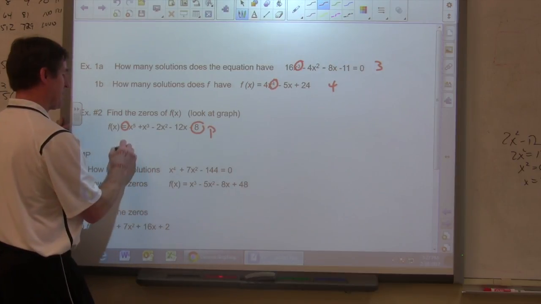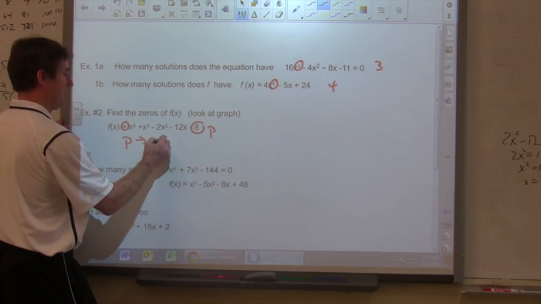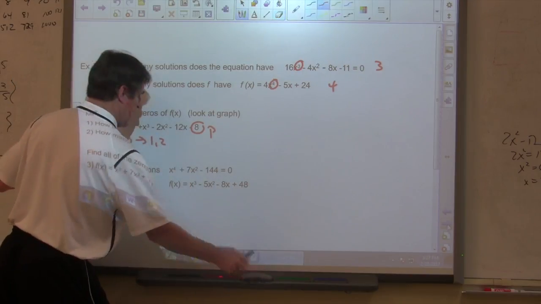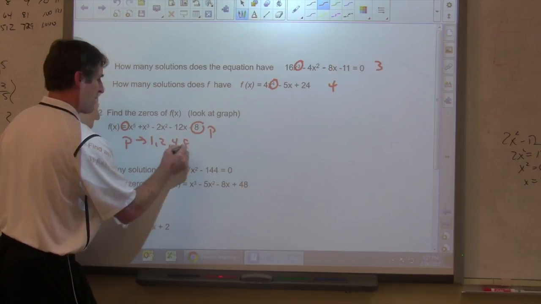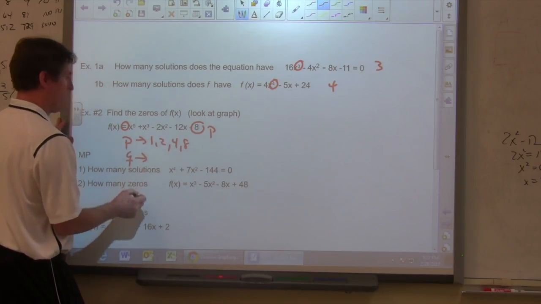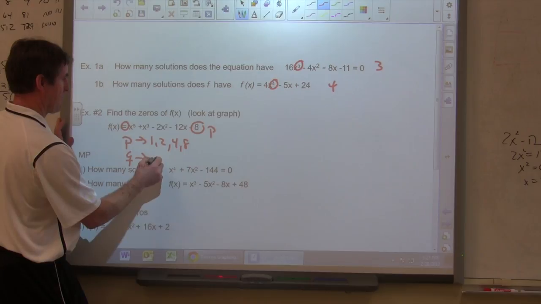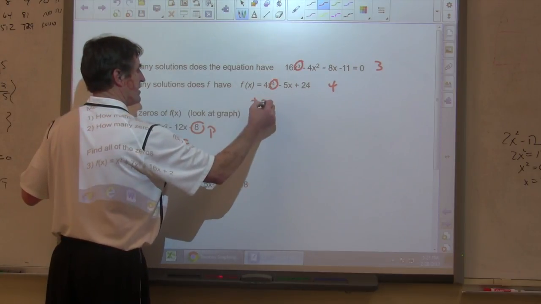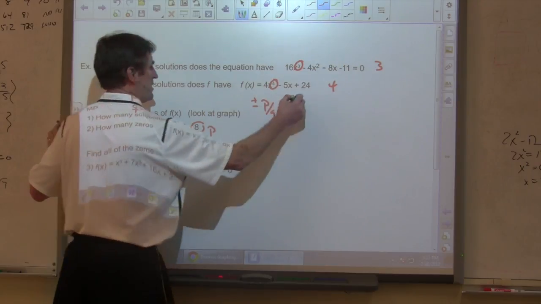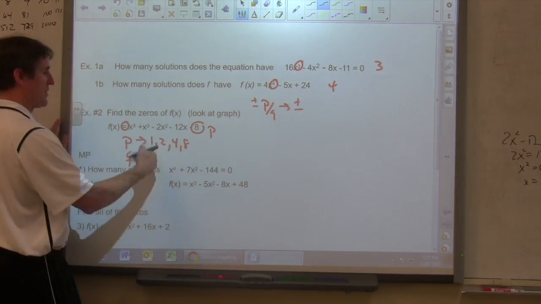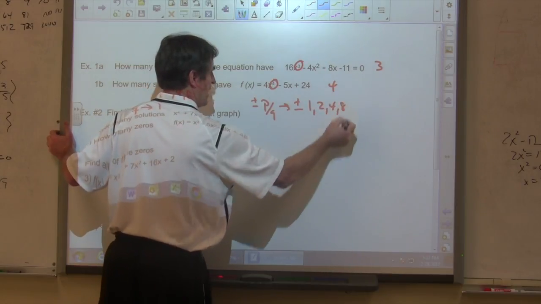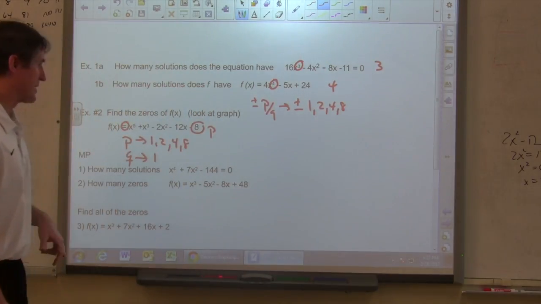Our possibilities for p were 1, 2, 4, and 8. And our factors of q are 1. So plus or minus p over q is plus or minus 1, 2, 4, and 8. That gave me the possibilities.